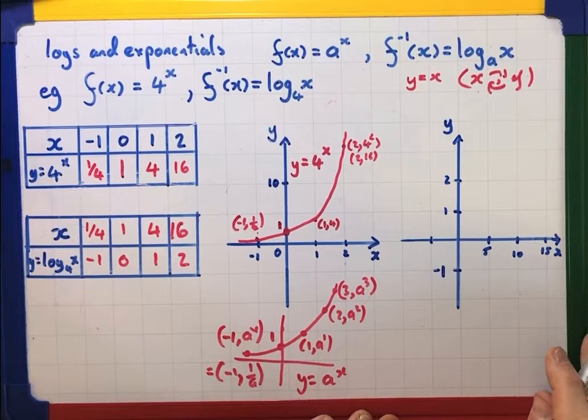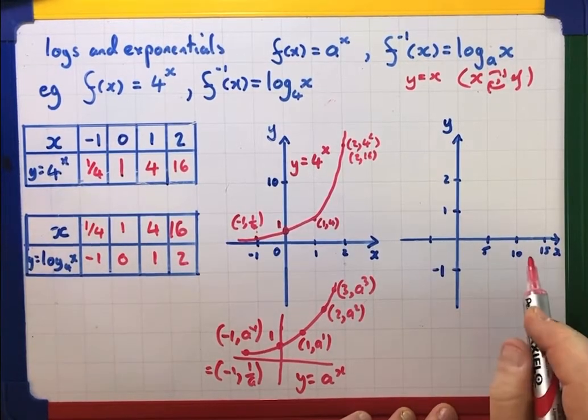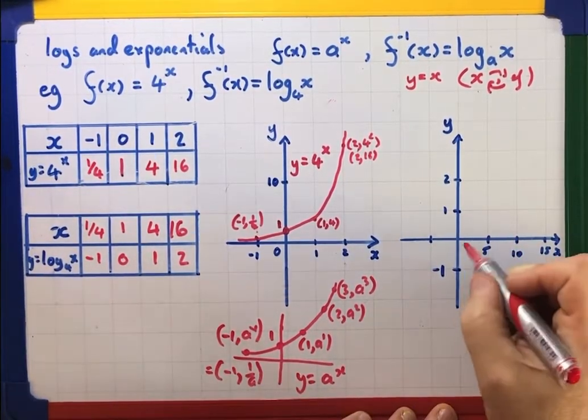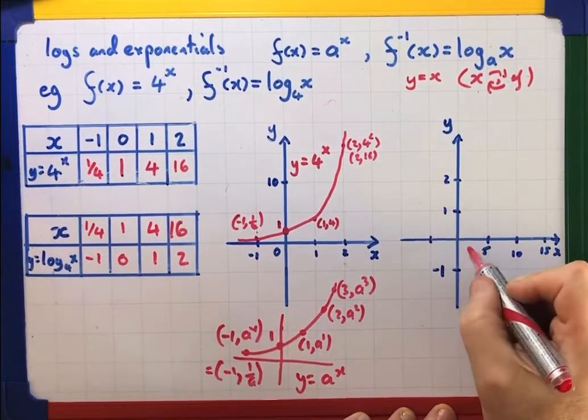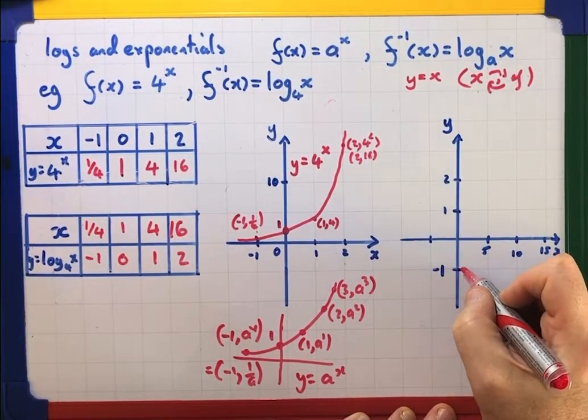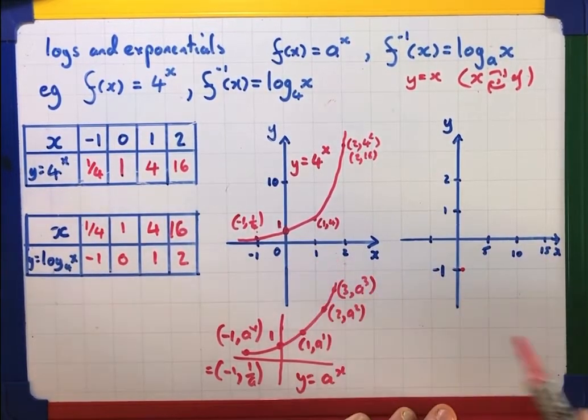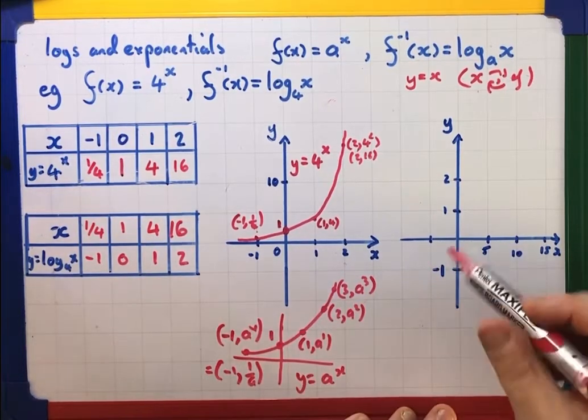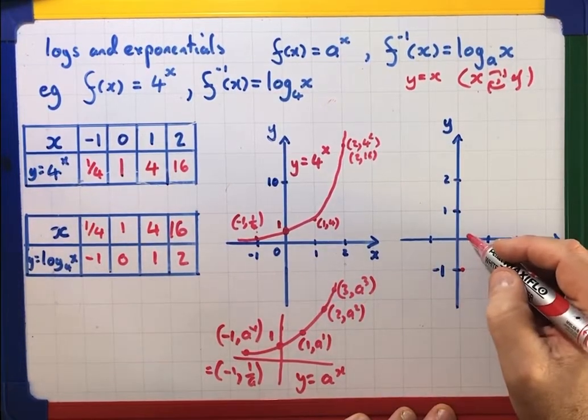So if I was drawing that on here, now, a quarter, minus 1. It's very close to that axis. Remember, what we're doing is reflecting in y equals x.